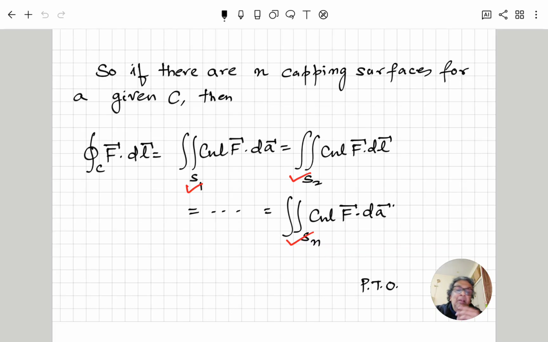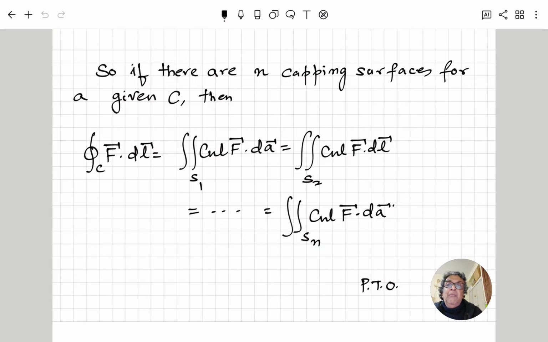As some of you can recall, when James Clerk Maxwell proposed the correction in Ampere's law, his argument was exactly the same. He had a loop C. For one capping surface, his story was different. For another capping surface, his story was different. So, from a mathematical point of view, Stokes' theorem played a very important role in the development of that particular correction by Maxwell.